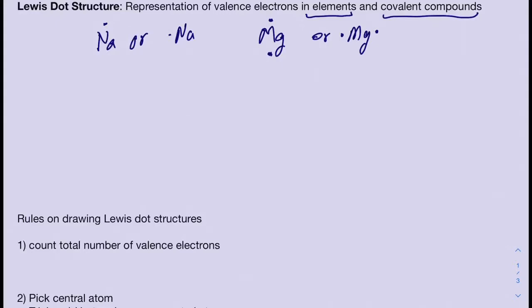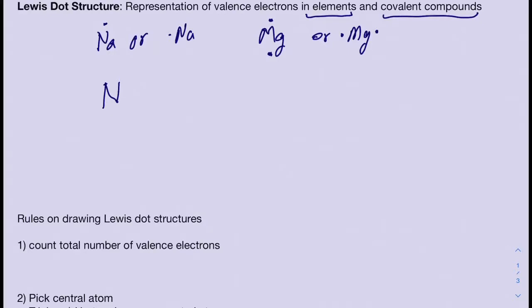Now the problem comes in whenever you have more than four electrons, because you have four directions, so you can put those four electrons in every direction as far away from one another. But what if you have more than four electrons? How would you take care of that problem? Let's take an example. If I have nitrogen, nitrogen is in group 5A, so that means it's got five valence electrons.